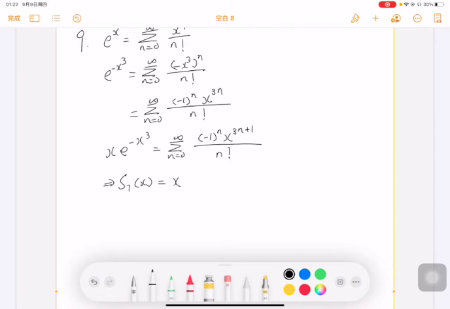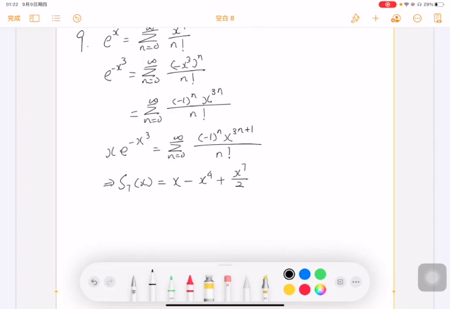And plugging n equals 1, we get minus x to the 4th divided by 1 factorial. And plugging n equals 2, we get plus x to the 7th divided by 2. So that's the 7th degree Taylor polynomial.